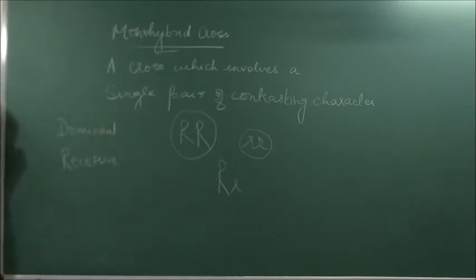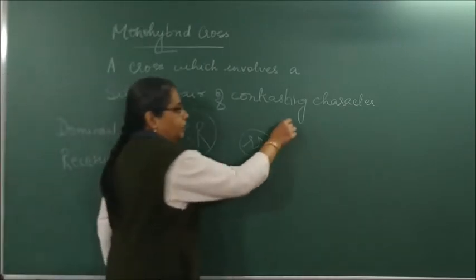Let us suppose I say black color. There is a cross between a black dog and a white dog, and the progeny, the puppy, is black in color. So what is dominant? Black is dominant. How do I represent black? Capital BB.